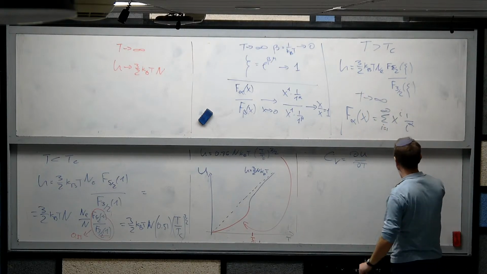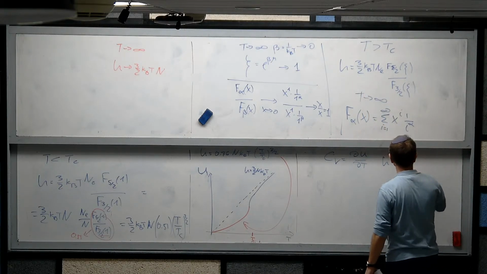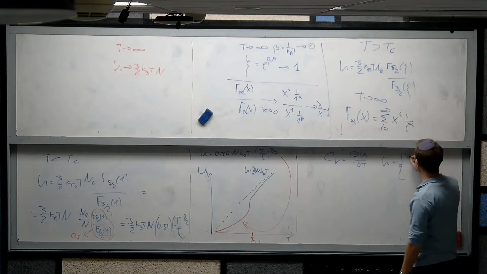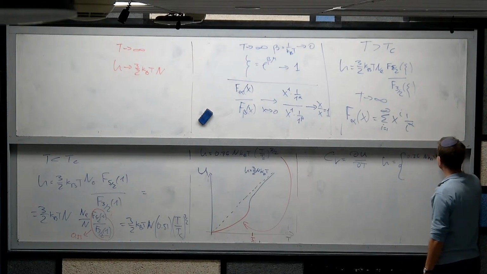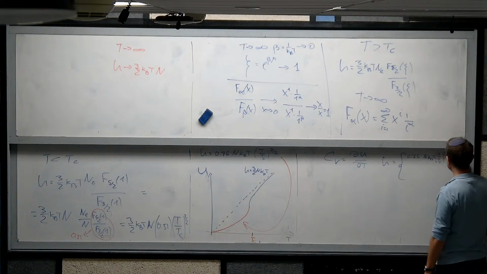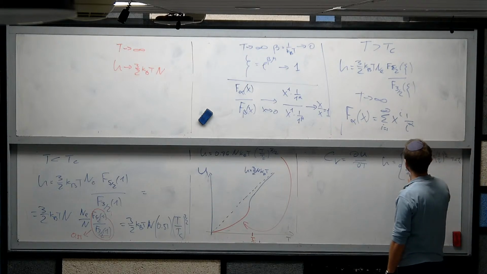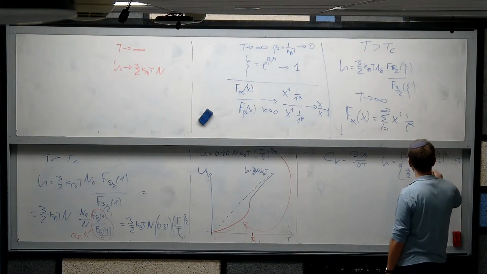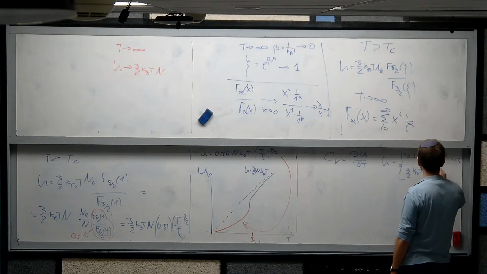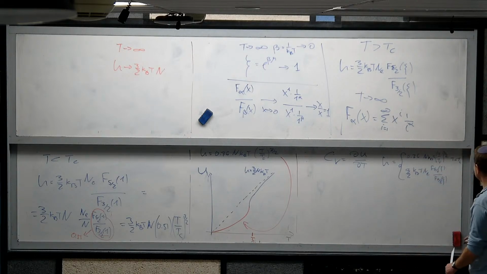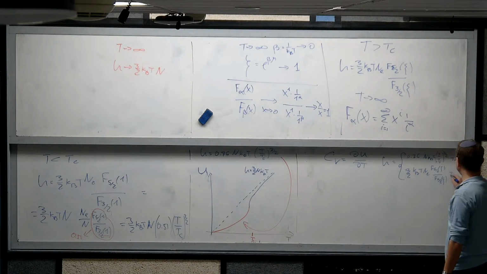Okay, so we have U, it is 0.76 n k Boltzmann T, T divided by Tc to the 3/2, for T below Tc, and we have 3/2 k Boltzmann T times F 5/2 of the fugacity divided by F 3/2 of the fugacity, at T above Tc.